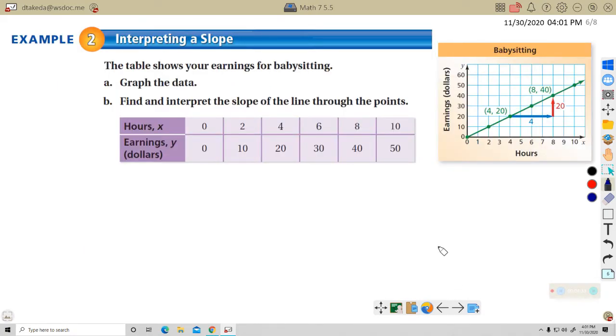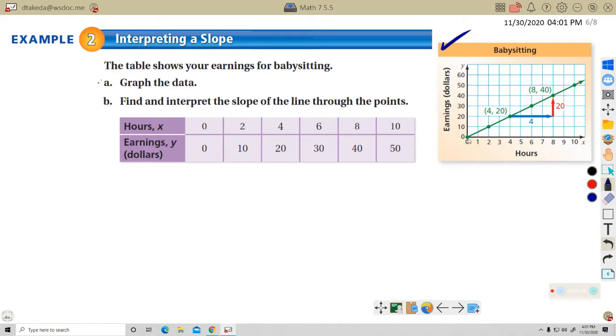Interpreting a slope. Okay, let's go through the steps here. It says graph the data. Well, we're not going to do that. It's already graphed for us. Now it says find and interpret the slope of the line through the points.